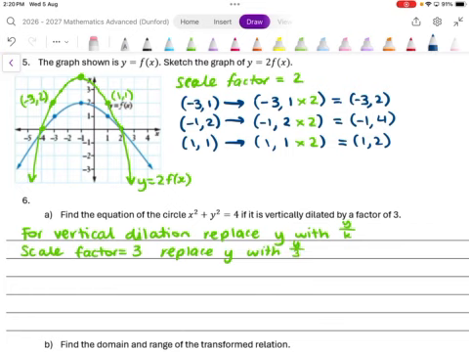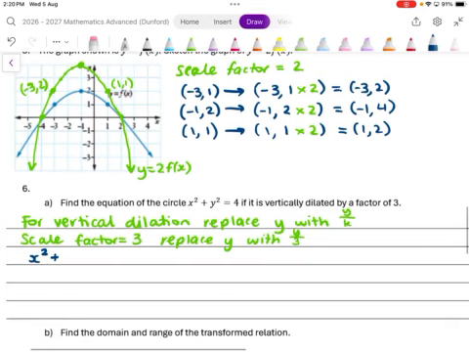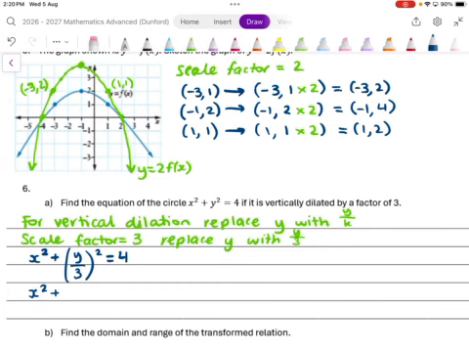So what we'll have is x squared plus y on 3 all squared equals 4. So this is x squared plus, when we square a fraction, do we just square the top? No, we square the top and the bottom. So it's x squared plus y squared over 9 equals 4.